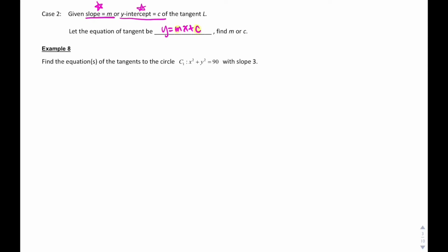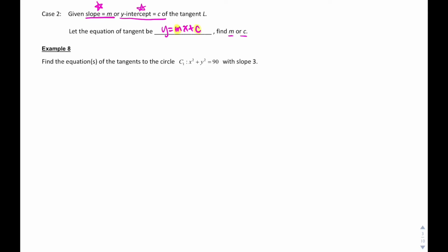So for this case, there are two unknown constants, m and c.